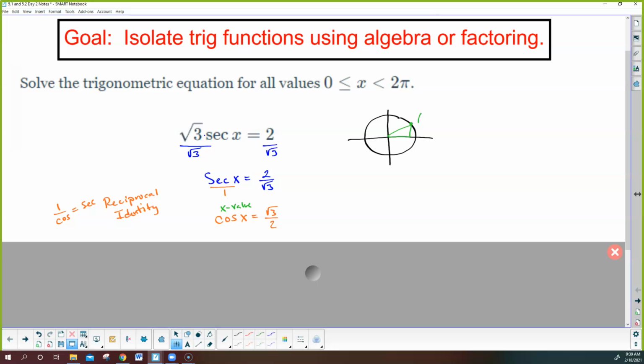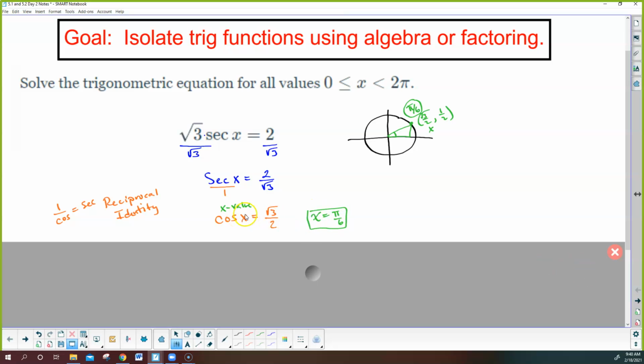And I've got to think of when the square root 3 over 2 is equal to the x value. And that's in this location right here, which, by the way, is the longer triangle. So this is 30 degrees, or pi over 6. Right, so one of my answers is pi over 6.